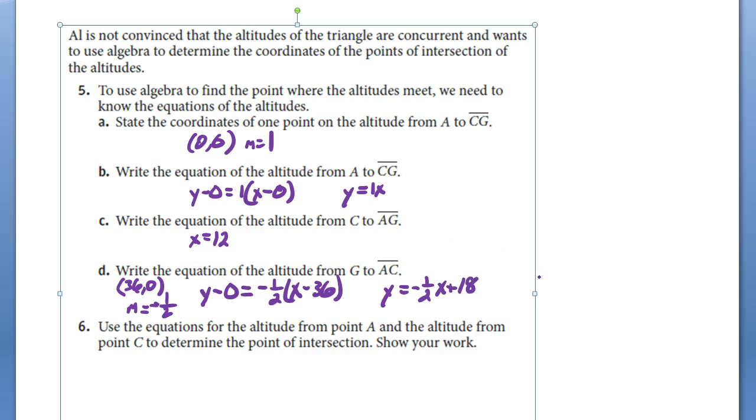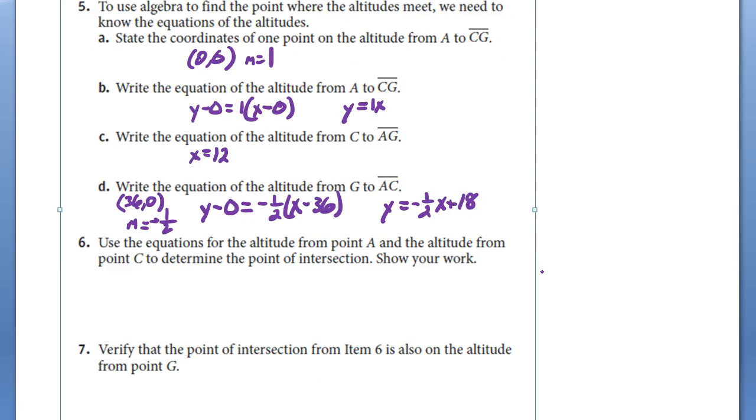Question 6. Use the equations for the altitude from point A and the altitude from point C to determine the point of intersection and show your work. First altitude had the equation y equals x, and that other altitude had the equation x equals 12. I've put them together in what's called a system of equations. Hopefully you remember this topic from algebra.